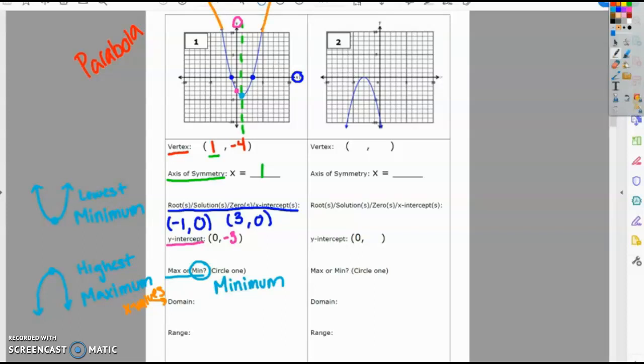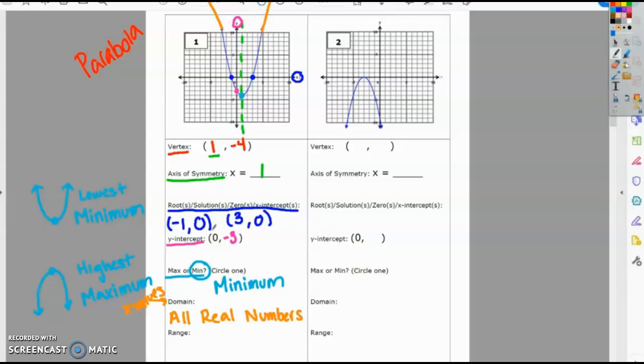So no matter what, it's going to hit every single x value because these lines keep going on forever. So the domain for quadratic functions is always going to be all real numbers. Whenever you have the domain of a quadratic, it's just going to be all real numbers.